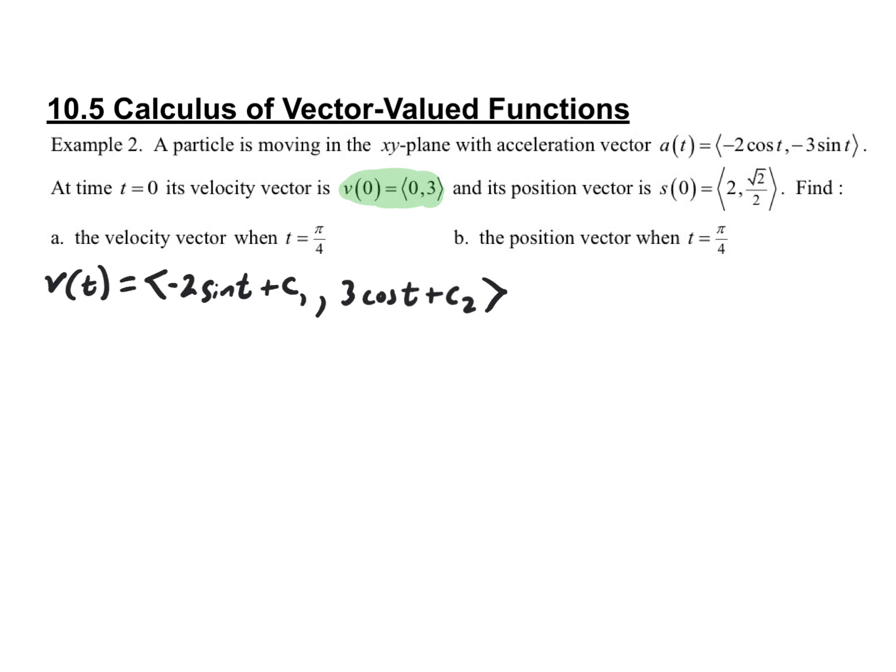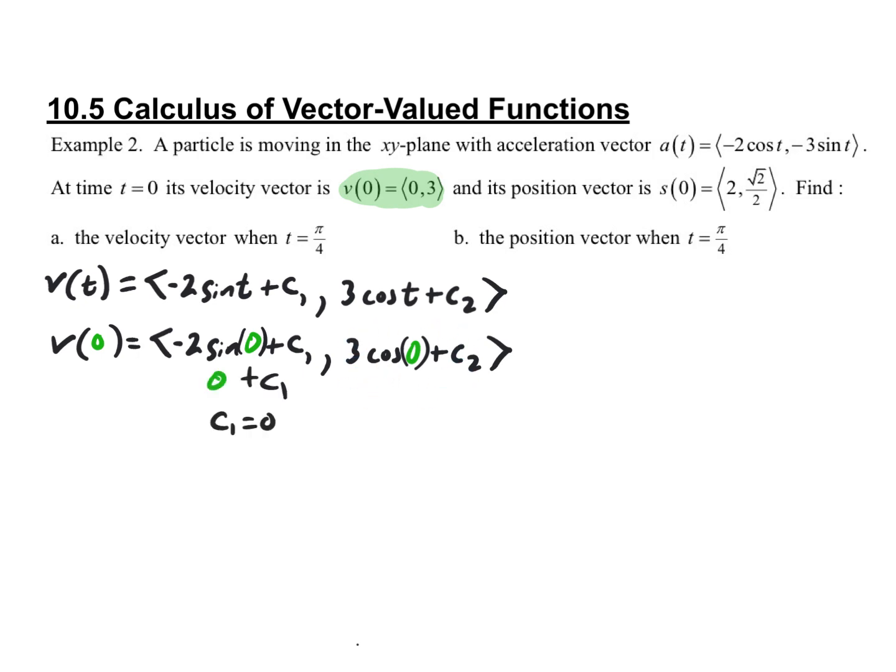So, here's what we know. Because we're talking about at time 0, the -2 sine of 0 plus C1, and 3 cosine 0 plus C2 is going to equal 0 and 3. So this whole thing equals 0, this whole thing equals 3. And then we can find our C's from there.